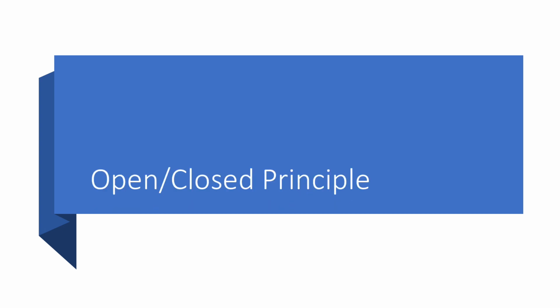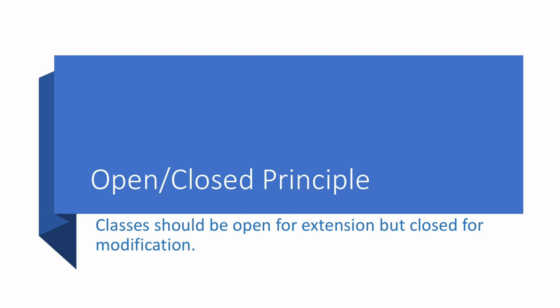Open closed principle. OCP states that classes should be open for extension but closed for modification. So you should be able to extend rather than modify an existing class to add or change the functionality.